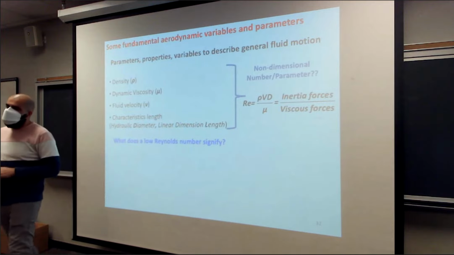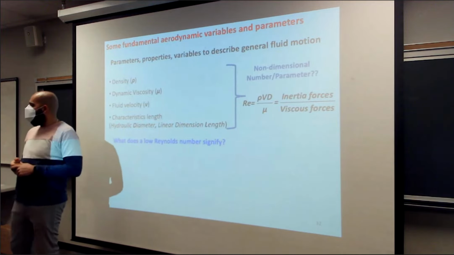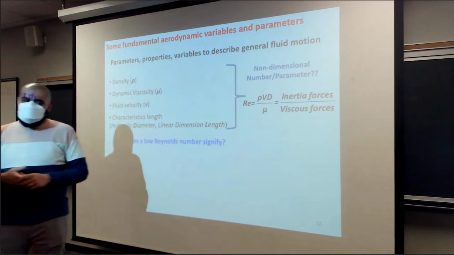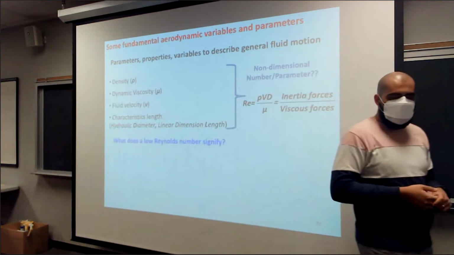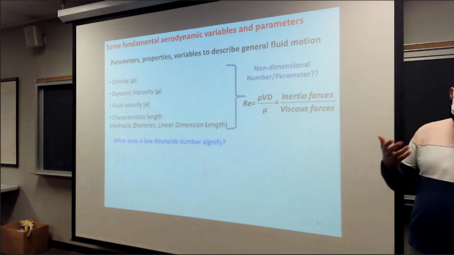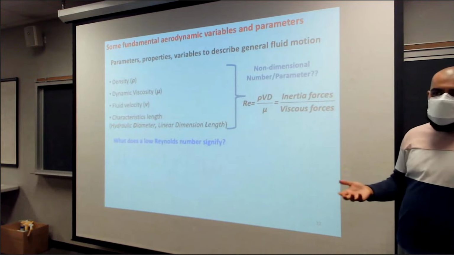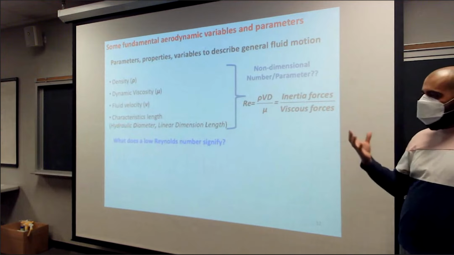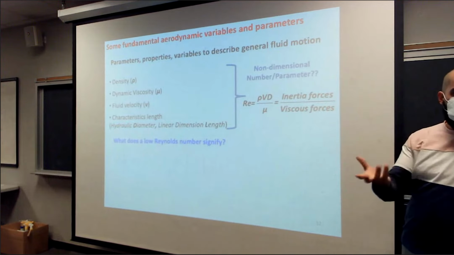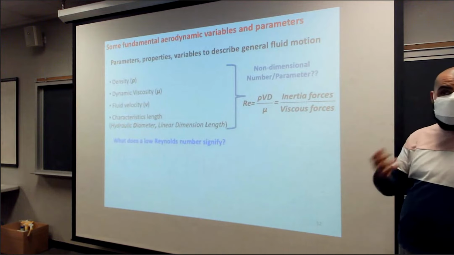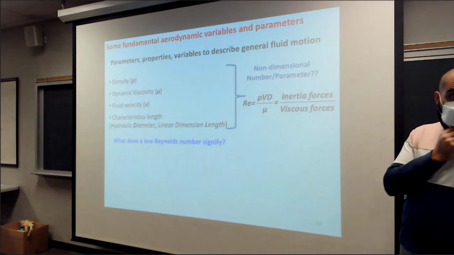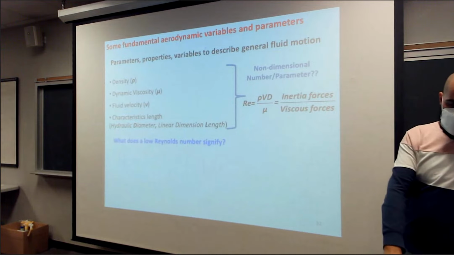That's the cutoff. And for flow inside a duct, it was 2,300. Reynolds number is an important parameter to find out whether your flow is laminar or turbulent, and when you are dealing with air, that distinction is very important. You have to make sure you know whether the flow is laminar or turbulent.